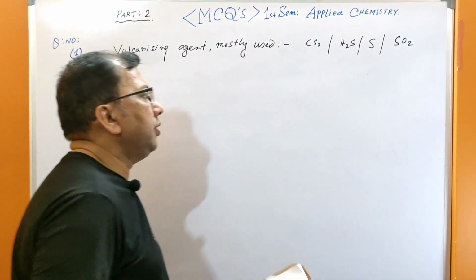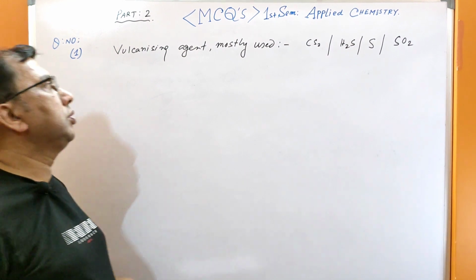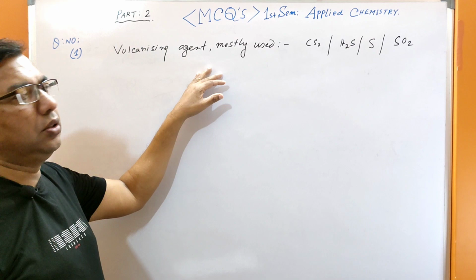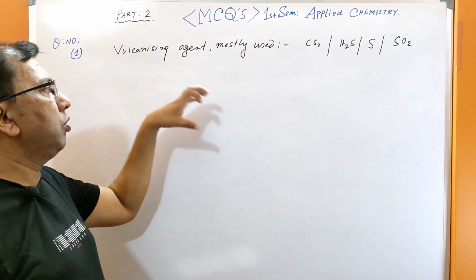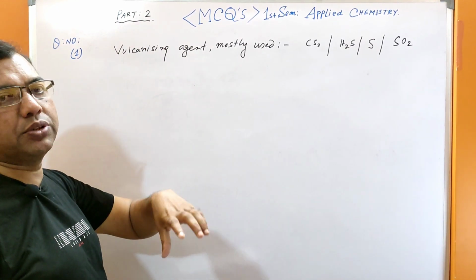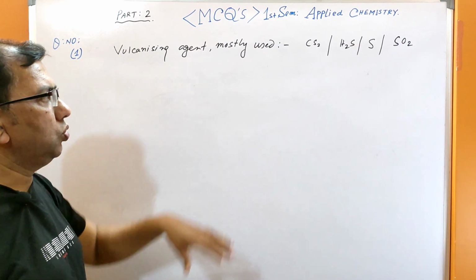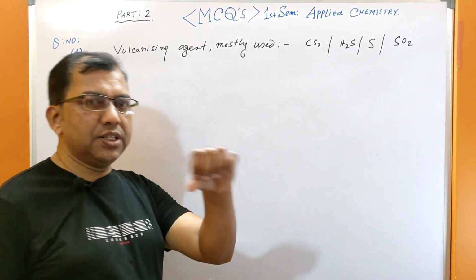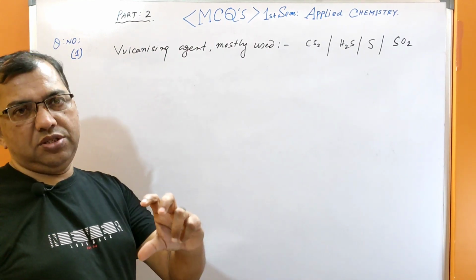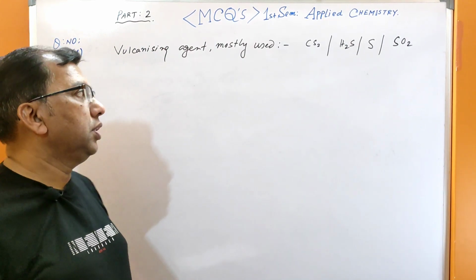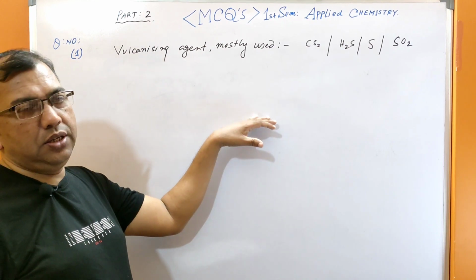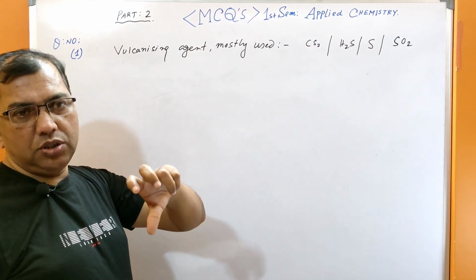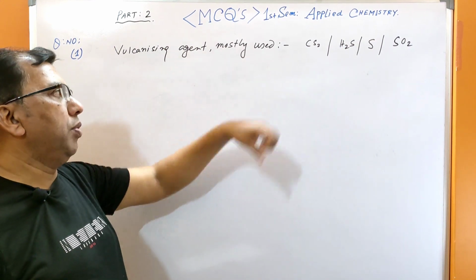So which will be the correct answer? Tell me. Vulcanization you have learned in the classes. Vulcanization is done with raw rubber. You have to use some percentage of sulfur with the raw rubber to reduce the stretchability and reduce the stickiness. So vulcanization is necessary.